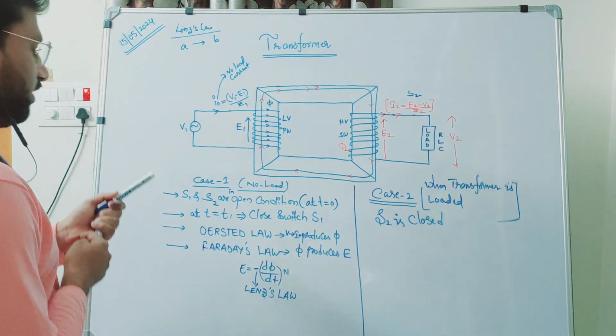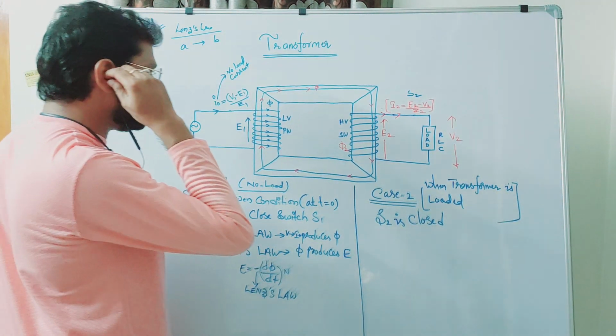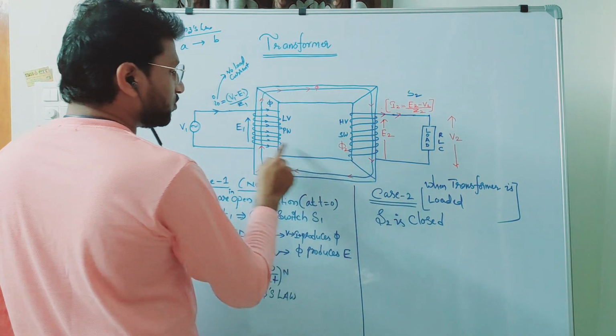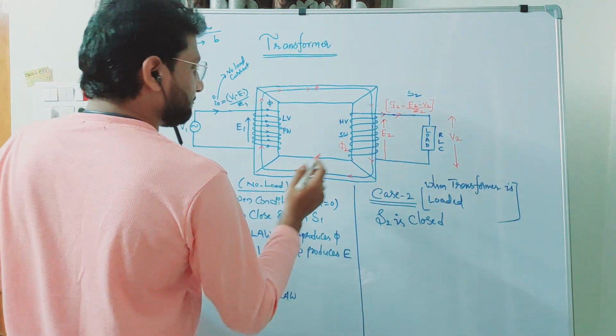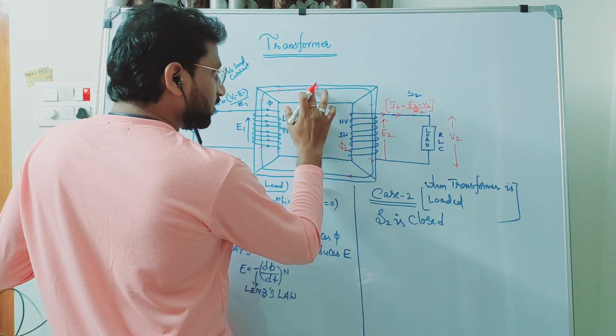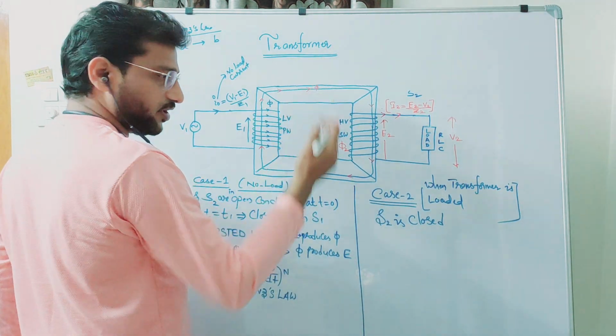Okay, right. So as I just now told you, this phi 2 has to oppose the flux here. That means the direction of the phi, the phi direction is clockwise from here point of view.